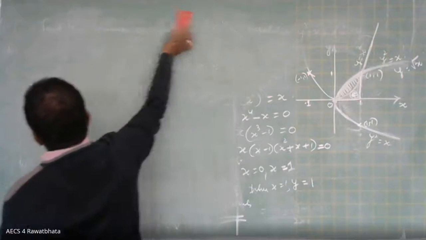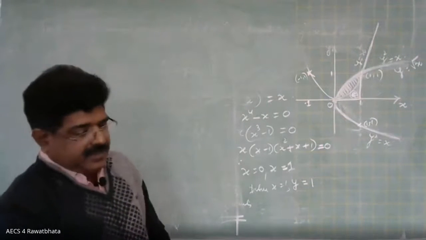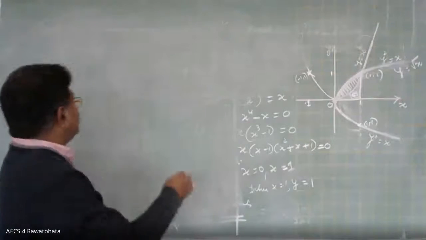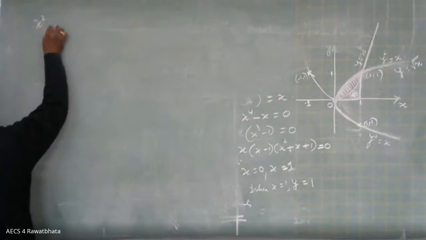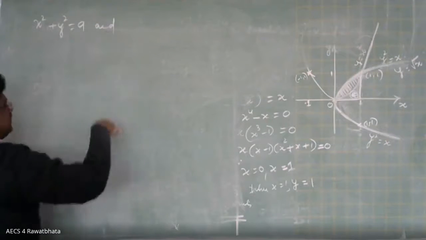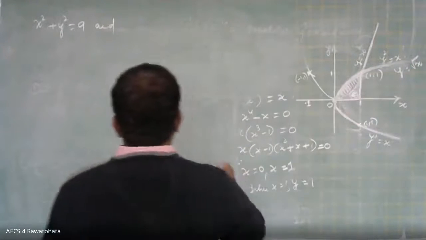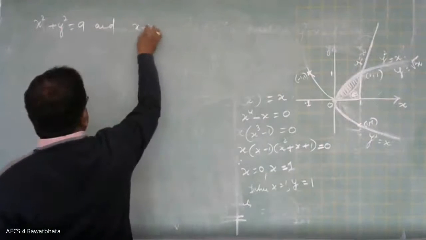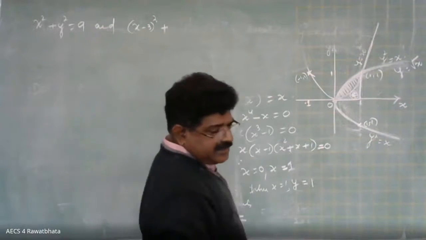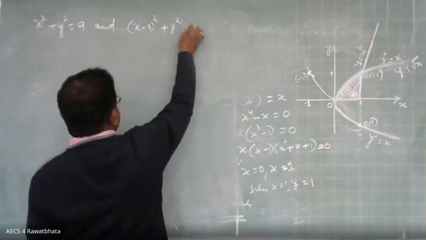The one is x squared plus y squared is 9, and x minus 3 the whole square plus y squared is 9.